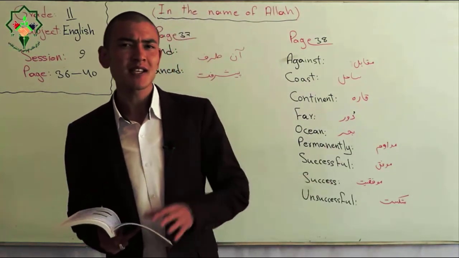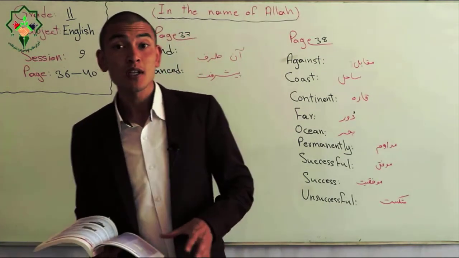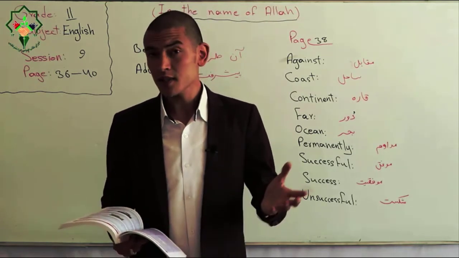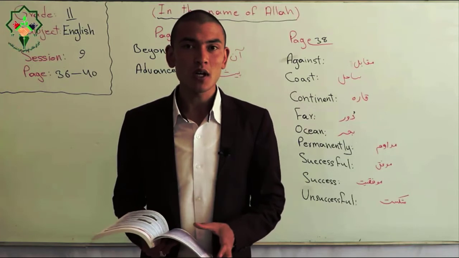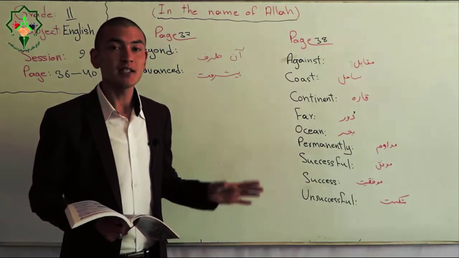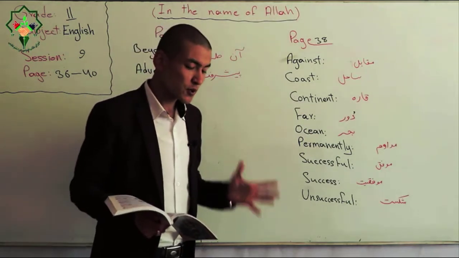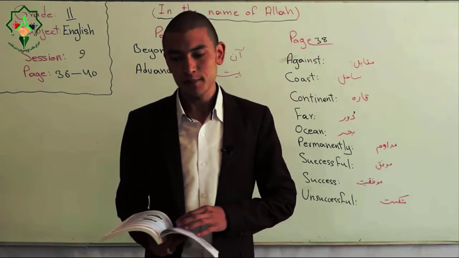Okay, try not to think about unsuccessful. Try to think all the time that you're successful. And undoubtedly, you will be successful. Just work hard, and when there is trying, there is flying. It means when you try, you can fly, and nothing is impossible.